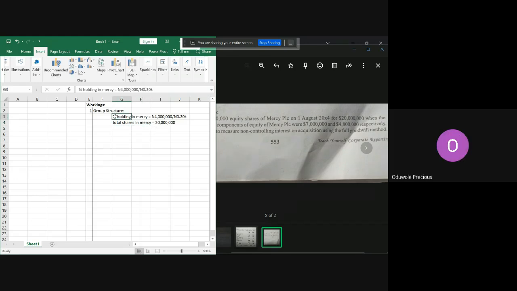And is this where I'm even supposed to use the percentage only? Let me do it like this. Control X. I'm coming. Okay, because of the way I tagged it, so that you understand easily. What I want to calculate now is the percentage holding, so that I'm not going to confuse you.